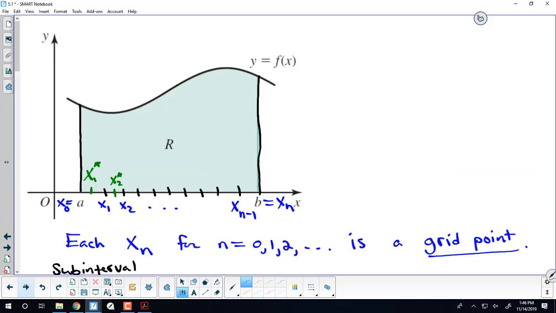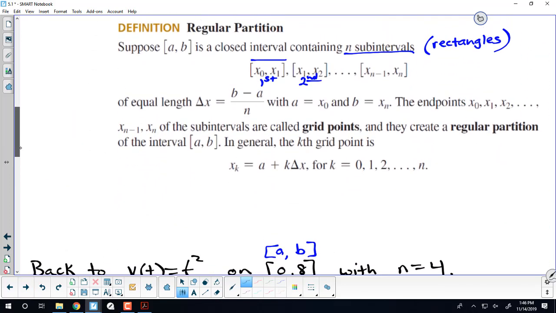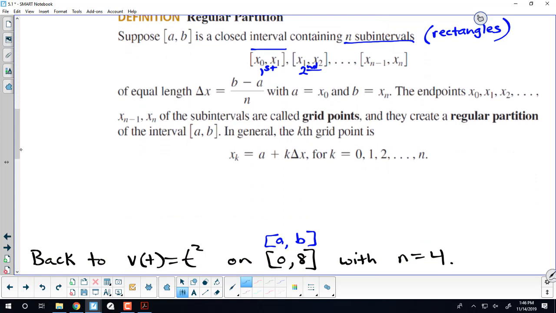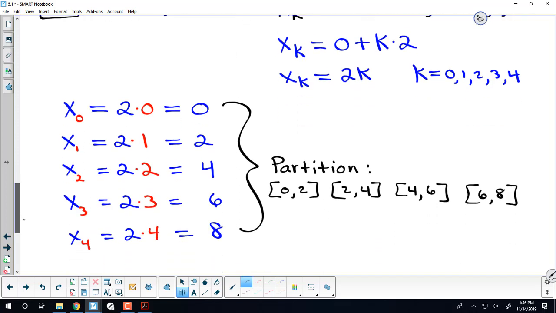So anyways, we're just using that definition to figure out what we're dealing with. Whenever we're given an n and an interval, we can find the length of each rectangle and the subintervals through the following definition. Okay, so that was just one specific example.